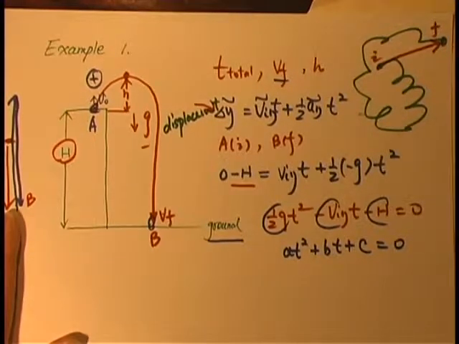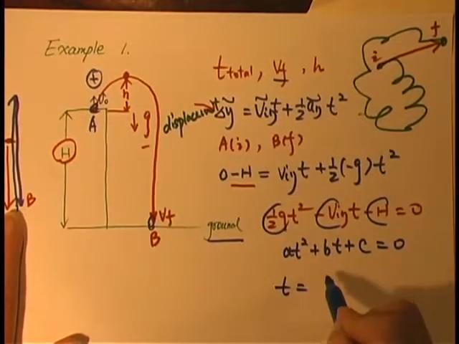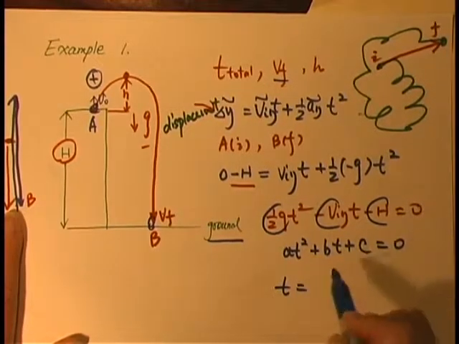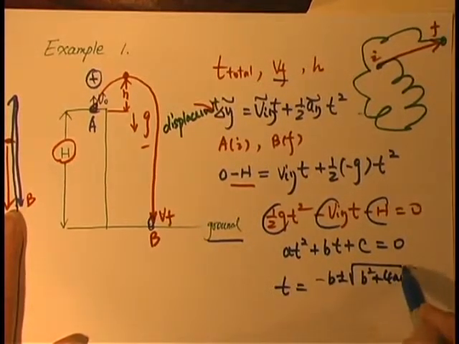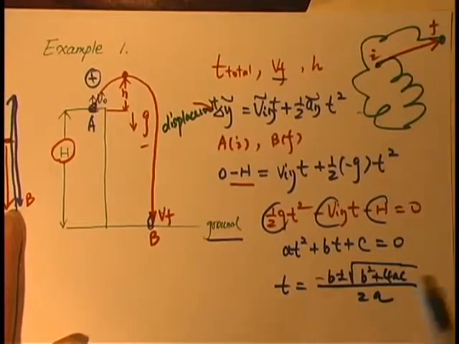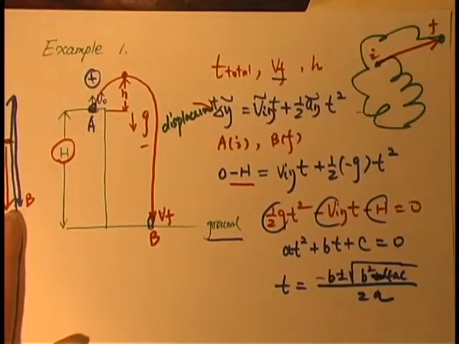Your A is 1/2 g. Your B is negative v initial y. Your C is negative h. And you solve this quadratic equation. What is it? t equals minus b plus or minus square root of b squared minus 4ac, over 2a. This is minus 4ac, right?